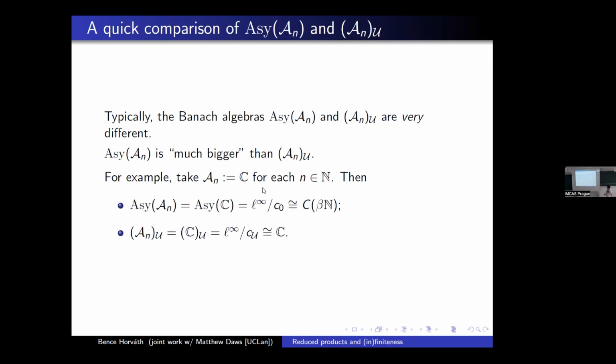But on the other hand, the ultraproduct of these objects will be just the complex numbers. So one of them is much bigger than the other one. For the purposes of this talk, from this ring theoretical infiniteness business, they behave the same.